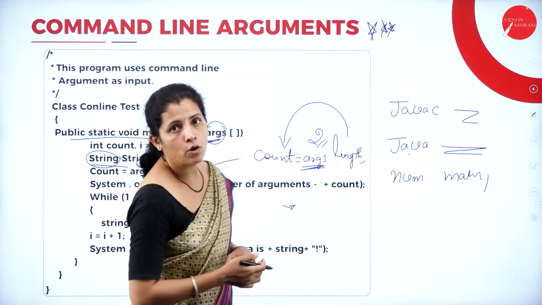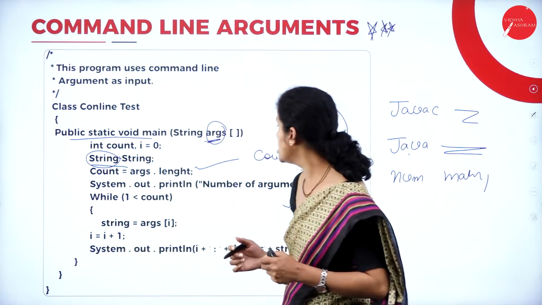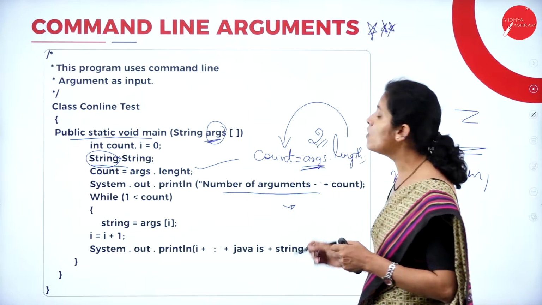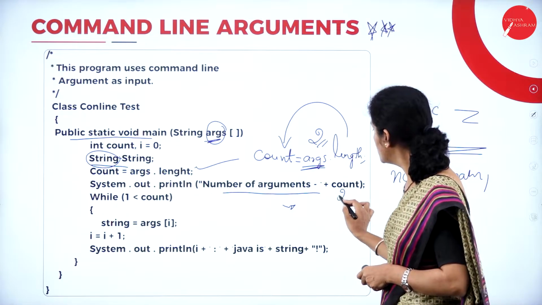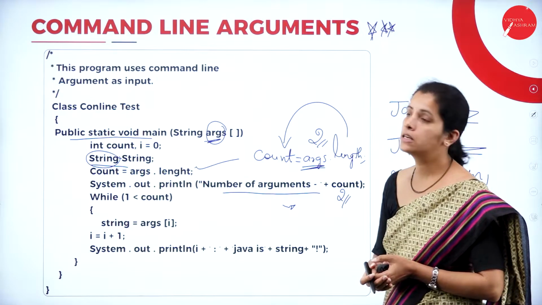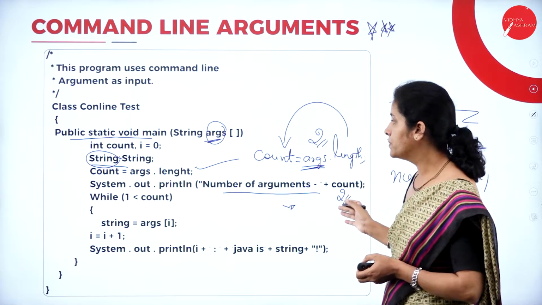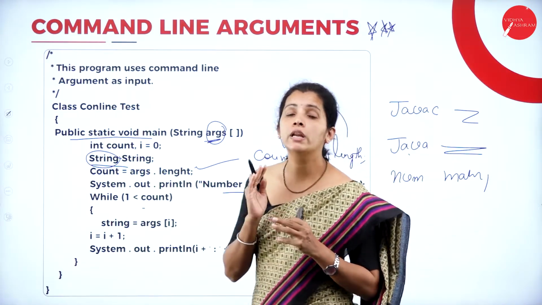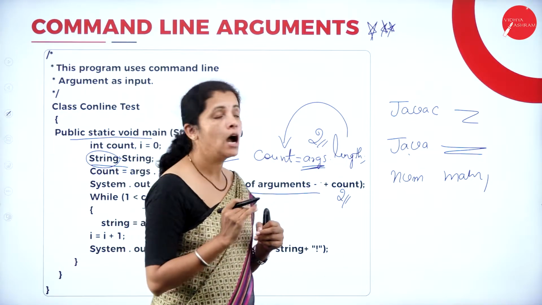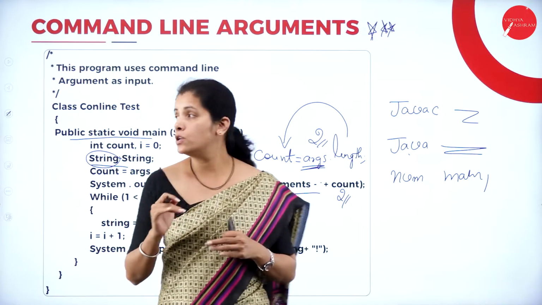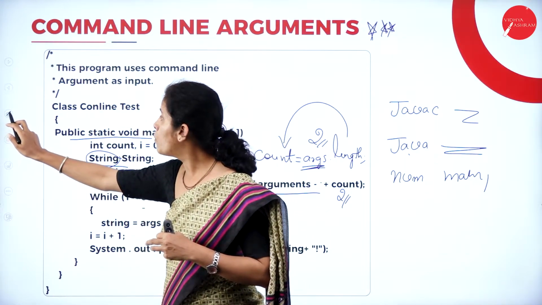Now I want to display the message: the number of arguments present is 2. Now I want to read the values one by one. That means I want to display the values one by one.